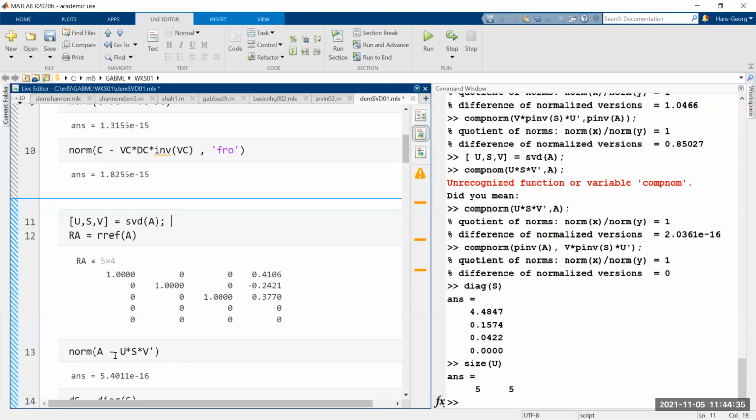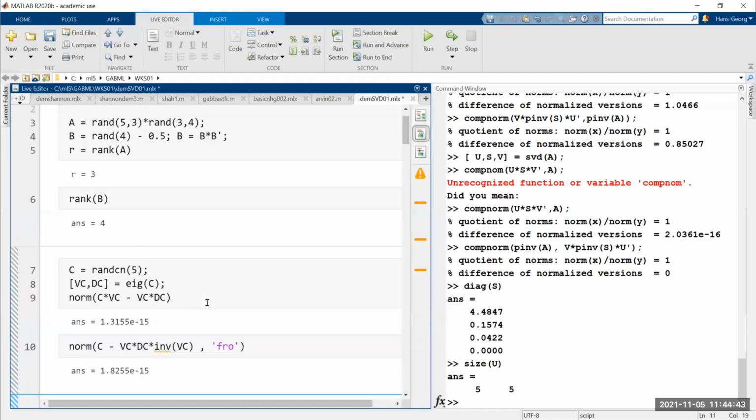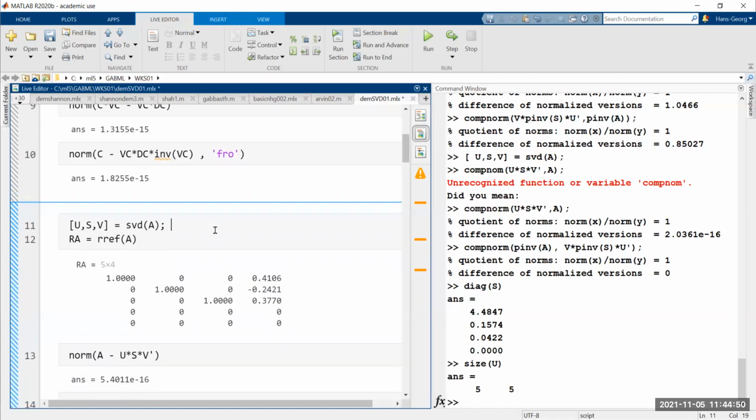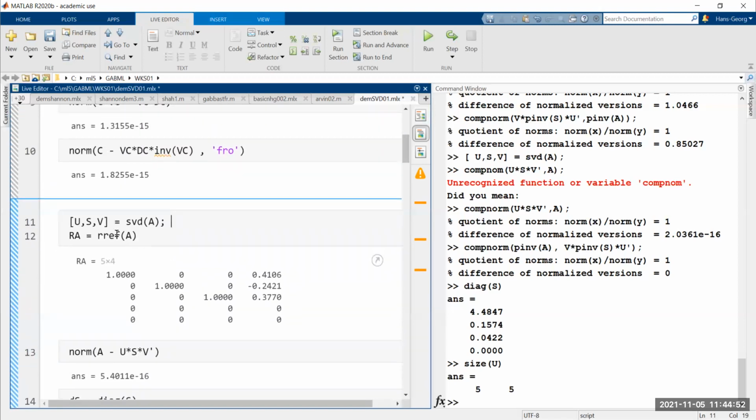So applying the matrix to a vector and factorizing the matrix really means: given the vector, the matrix is of format 5 by 4, so it's mapping R4 to R5. Given a column vector of size 4, you apply V prime. So V is an orthonormal basis in R4. U describes an orthonormal basis in the target space.